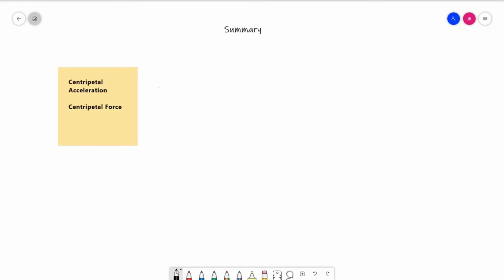In summary then, we've looked at two key concepts today. We've looked at centripetal acceleration and centripetal force. First key thing to remember with both of those is that they both act towards the centre of our circle.